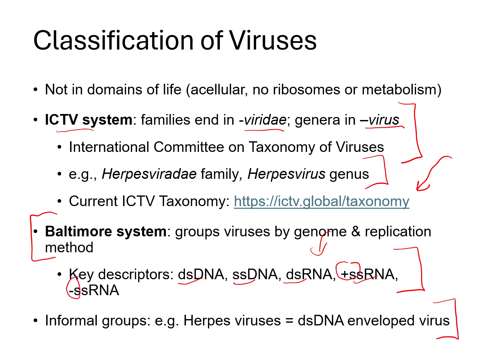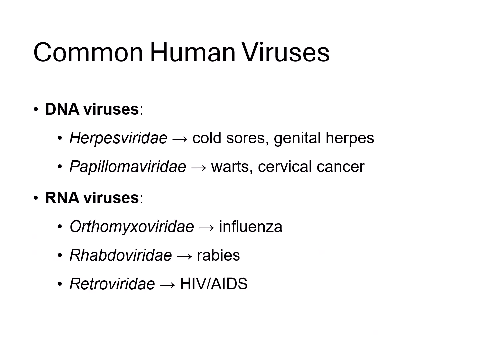But we can also have informal groups of viruses, such as categorizing them based on their general genome or their structures like enveloped. So herpes viruses are in this general group of double-stranded DNA enveloped viruses. Common human viruses can be divided into whether they contain DNA or RNA, and all of these names are family names, as I can tell from that word right there, or that part of the word viridae.